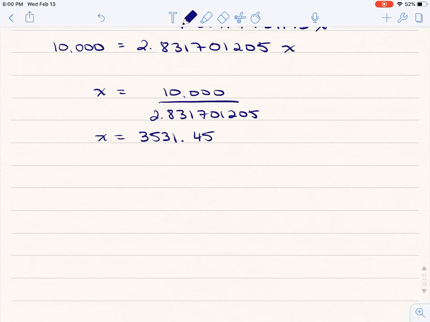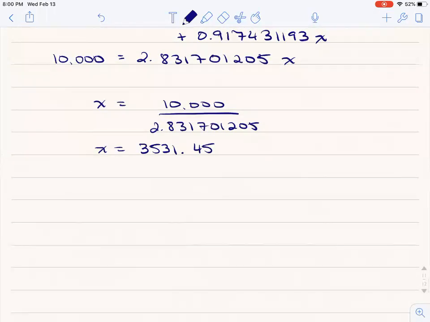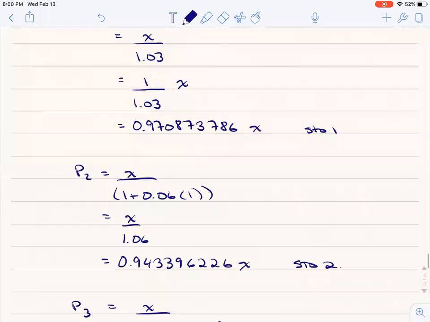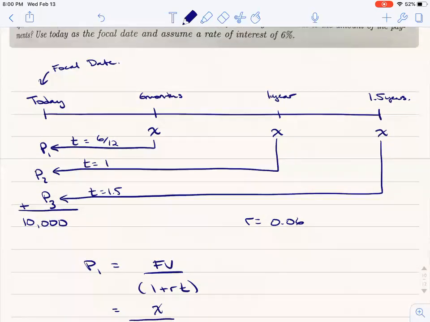So thinking about our timeline, 3,531 here gets mapped back, 3,531 here gets mapped back, 3,531 here gets mapped back. And so they're all repaying slightly different amounts of this 10,000, but together they're going to make 10,000.